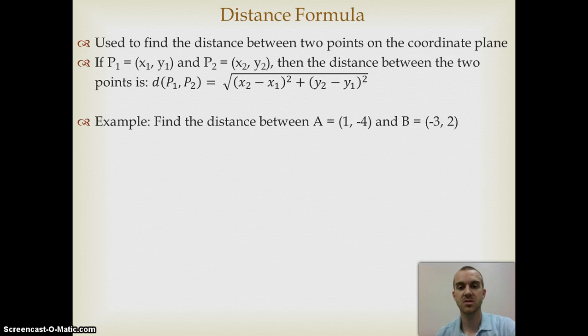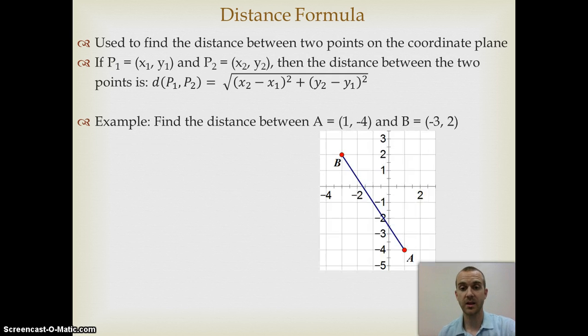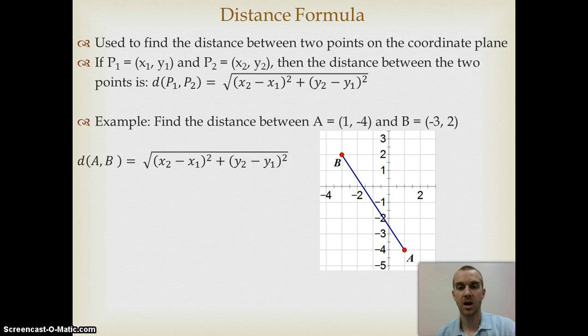So say I have these 2 points, (1, -4) and (-3, 2). If I wanted to plot that, I would have them here, and typically we'll see a line segment in between those 2 points to help represent that distance. So I can use my distance formula to find out how far apart they are. I'm just going to use B to be my second set and A to be my first set.